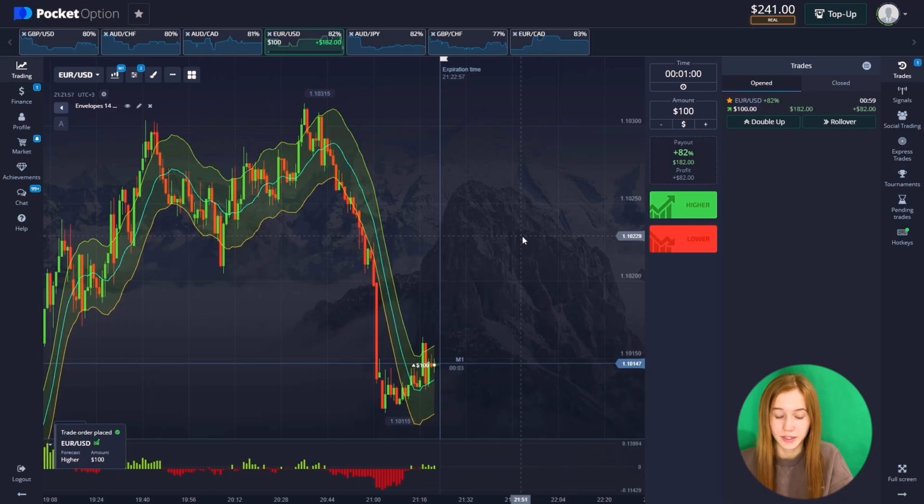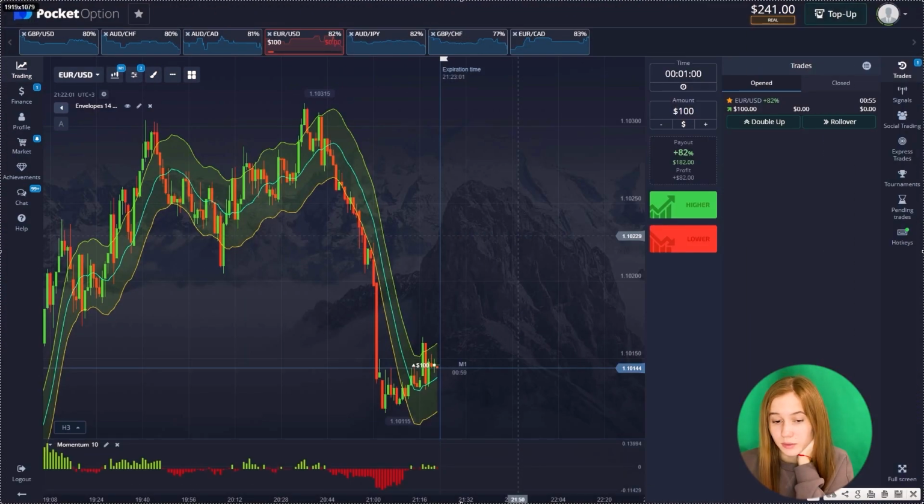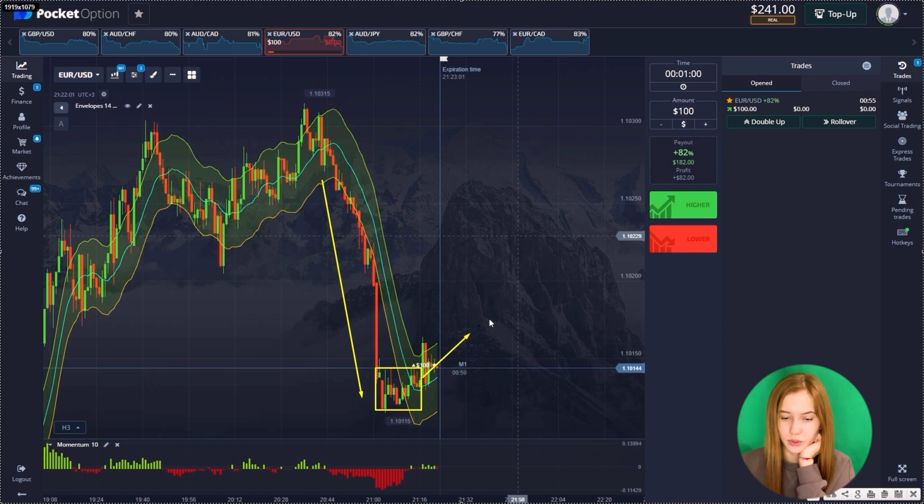So what we see here, by technical analysis, we see drawdown, then consolidation, and we're going up to the upper positions. Yeah, some growth, we see. You can notice this also.